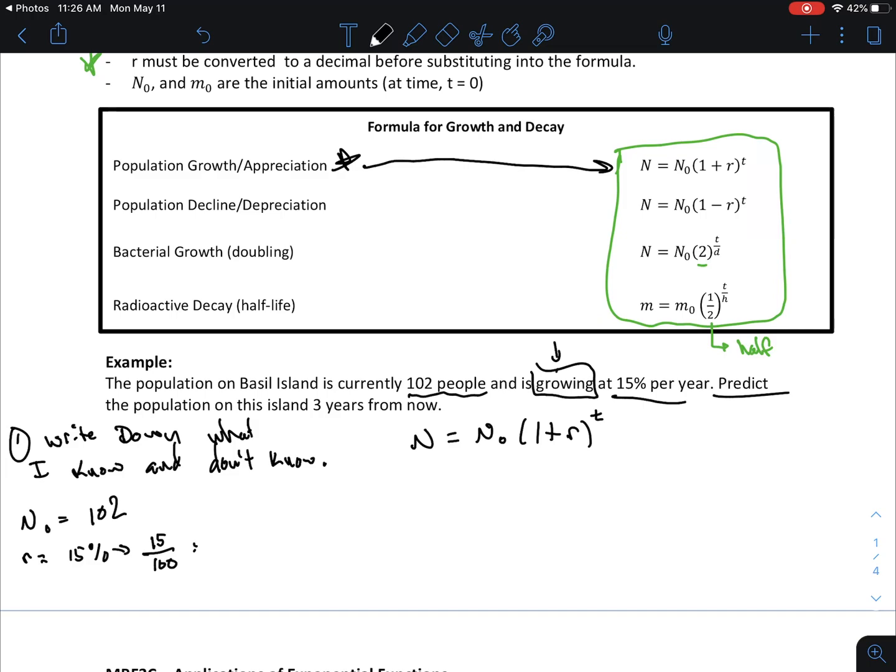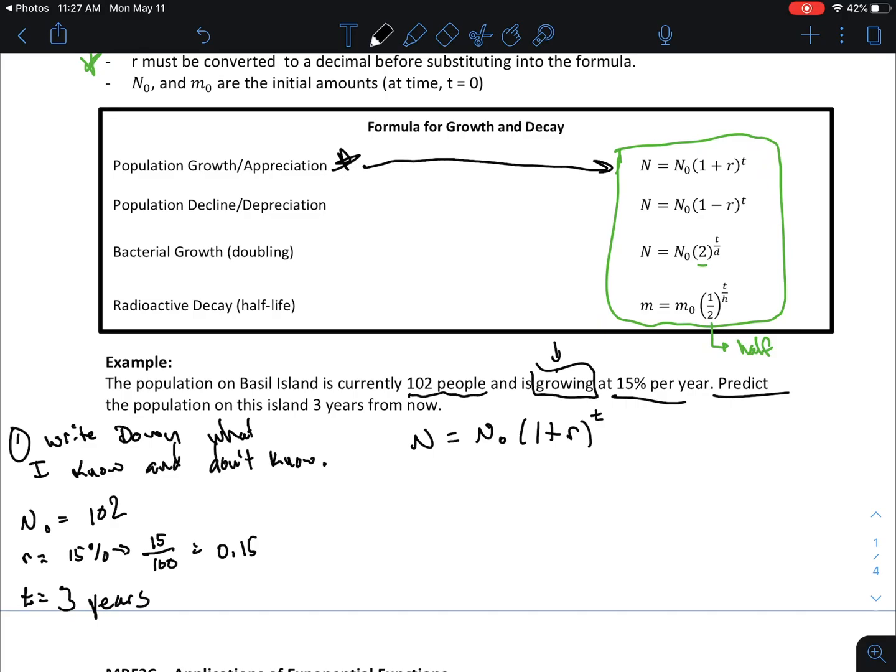It needs to be converted to a decimal. How do I convert percentages to decimals? I divide the percentage number, so 15 divided by 100. Okay, so that's going to be equal to 0.15. That's the R value.